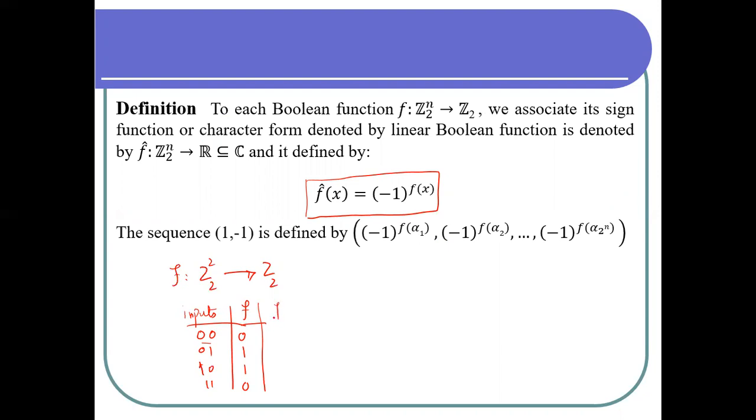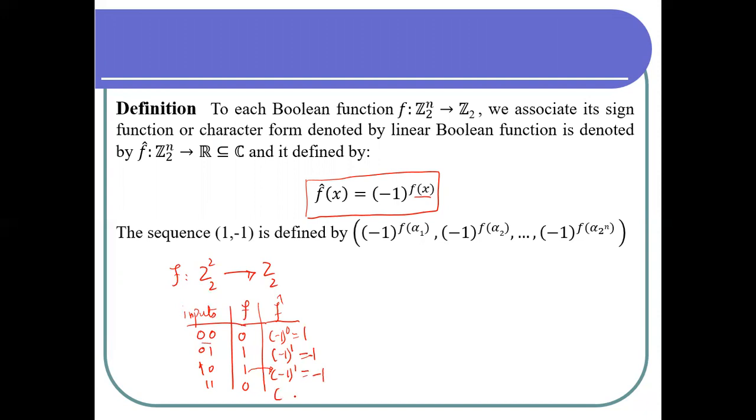So the sign function of this is minus 1 to the power f. For output 0, minus 1 to the power 0, I get 1.